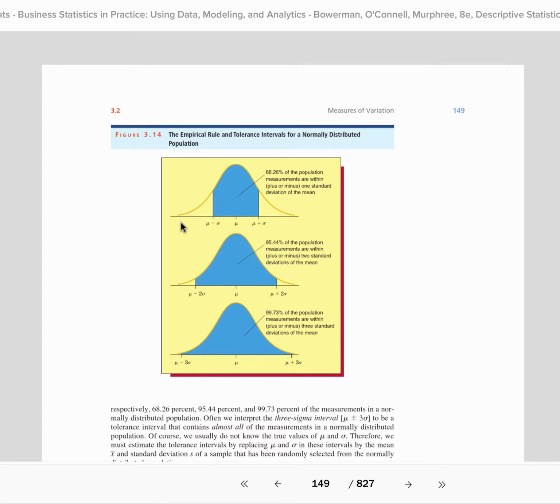So this is your data, and we assume it's normally distributed. You calculated the mean. The data concentrated within 1 standard deviation to the right or to the left contains 68.26% of the whole population of your data.